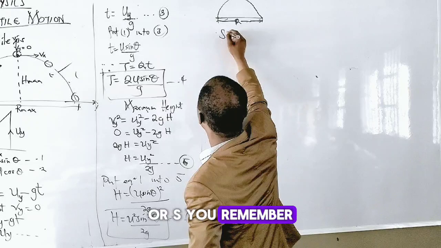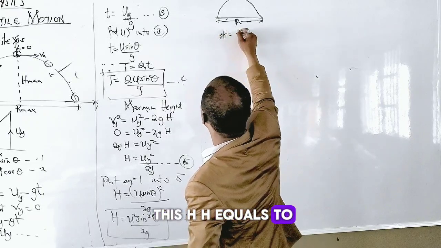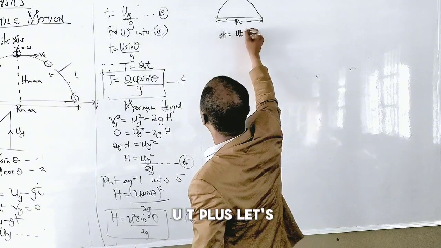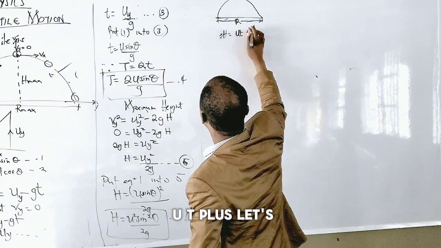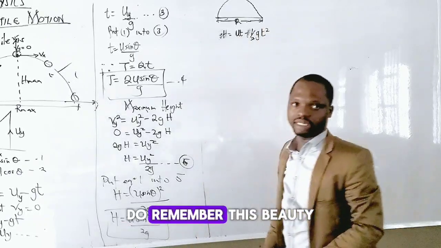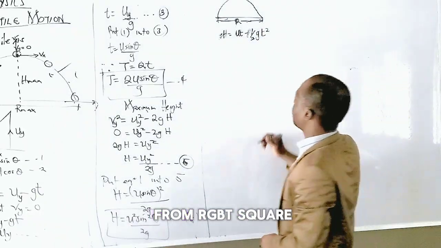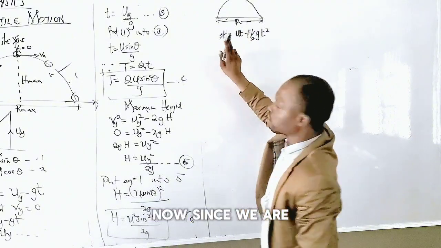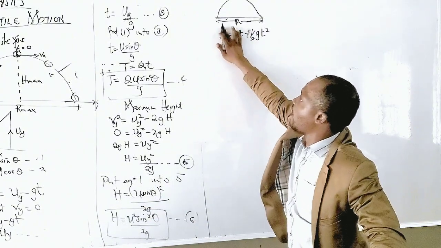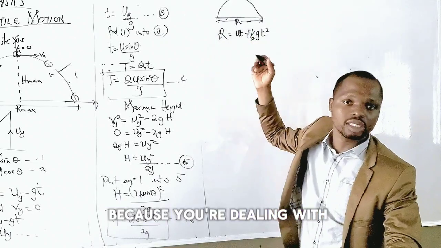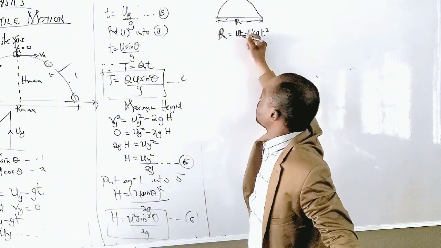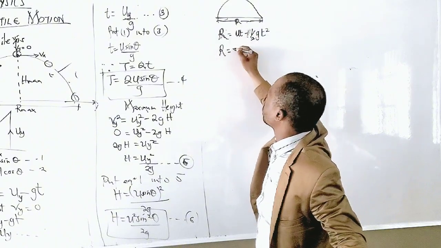Do you remember this: h equals ut plus, let's say, minus half gt squared? Now, since we are dealing with horizontal distance, let's change h to R. So R equals what?